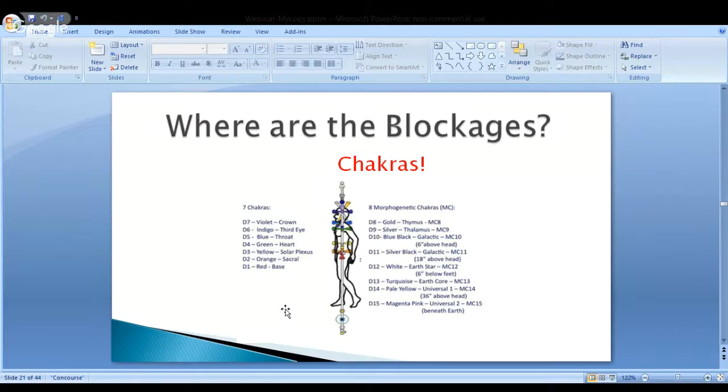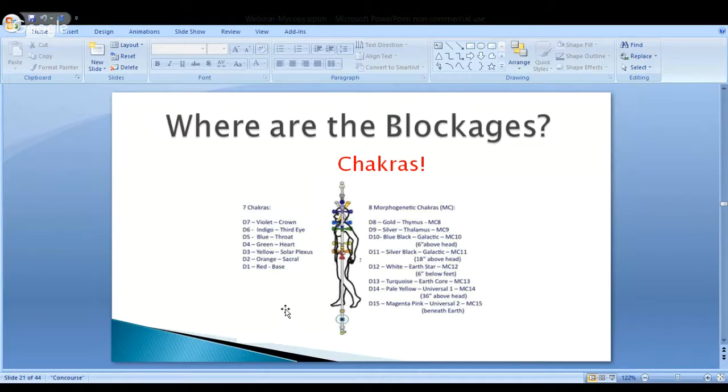But we also have the 8 morphogenetic chakras as well. I'm not going to talk about the morphogenetic chakras for the time being. Let's stick to the 7 commonly known chakras. Now, these are literally energy centers, and they do actually move around. As you can see from the diagram, the base chakra and the crown chakra swirl around like a tornado.